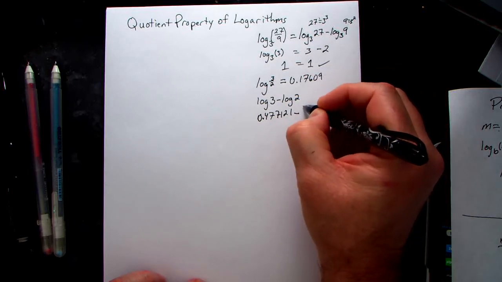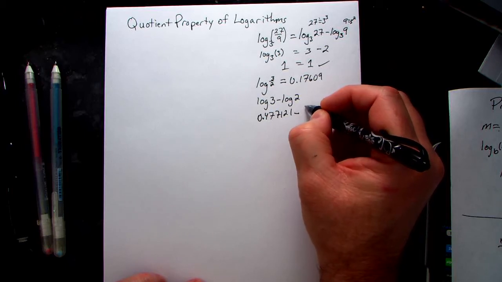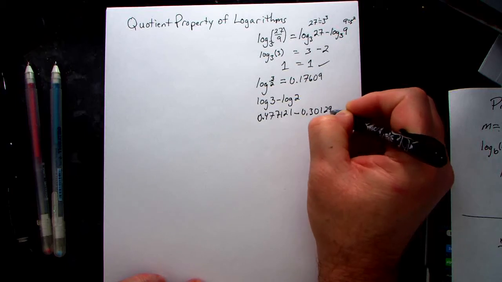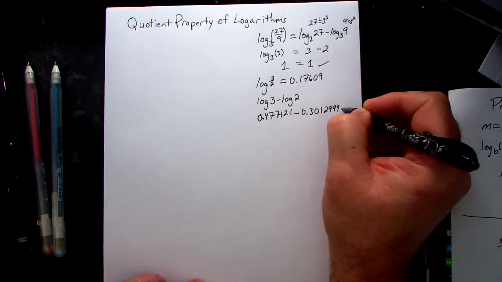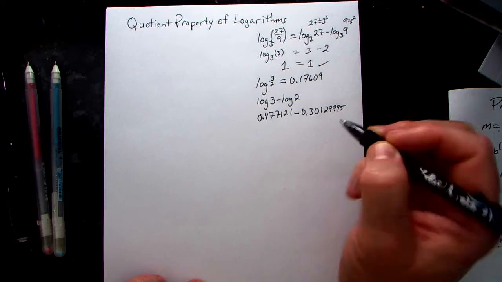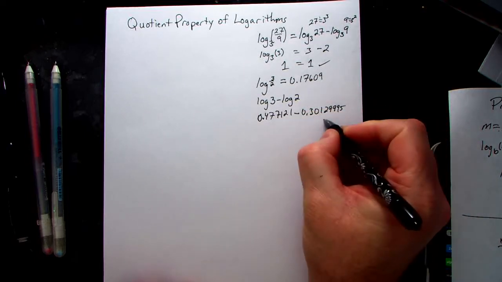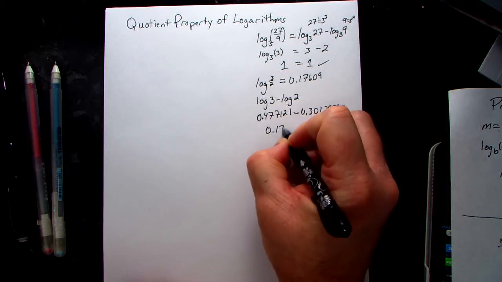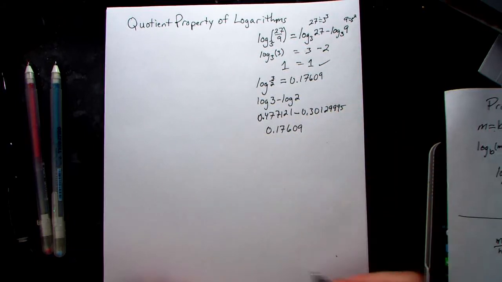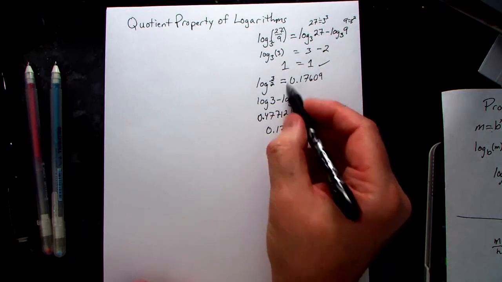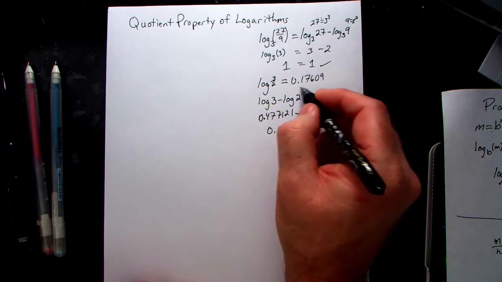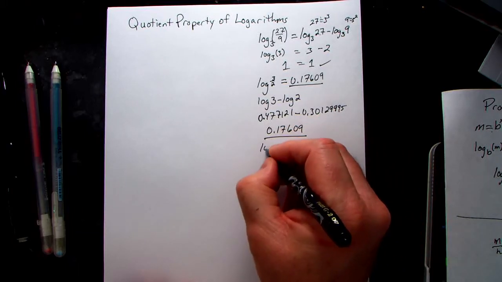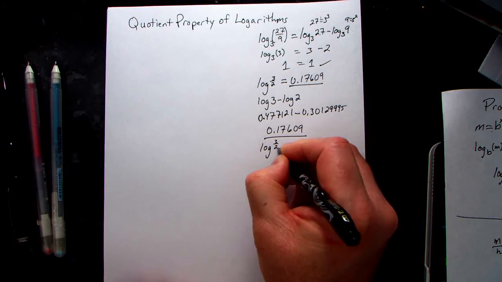The common log of 2 is 0.3012999. I went out so I didn't have to round any of those zeros. If you punch this into your calculator, you're going to get 0.17609 rounded at that point. Notice we got the same thing. So if we got the same output here as we did here, for the two different ways of writing it, the two different ways must be equivalent.